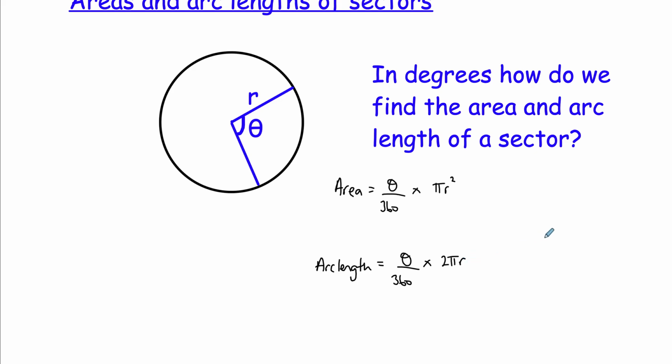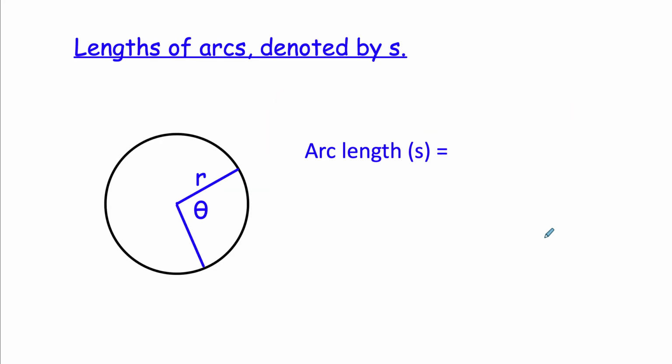We can use those equations to help us work out equivalent equations when working in radians. We've just said the arc length is theta out of 360 times 2 pi r. But what is 360 degrees?